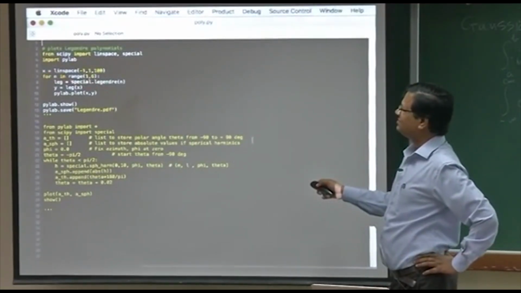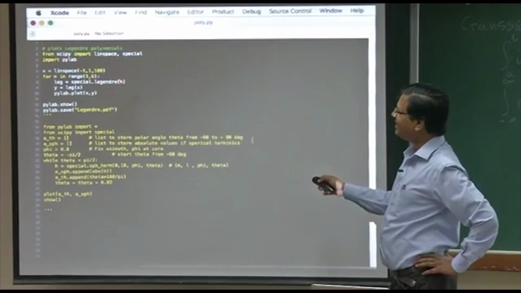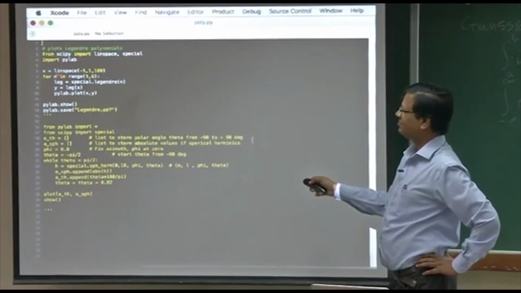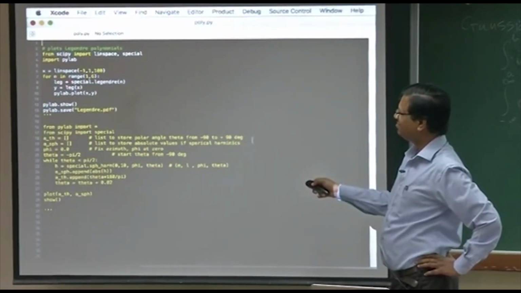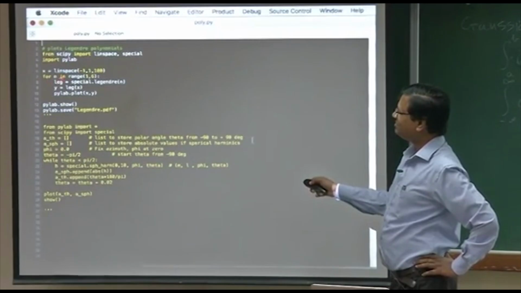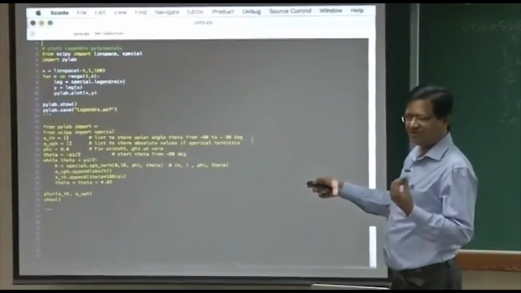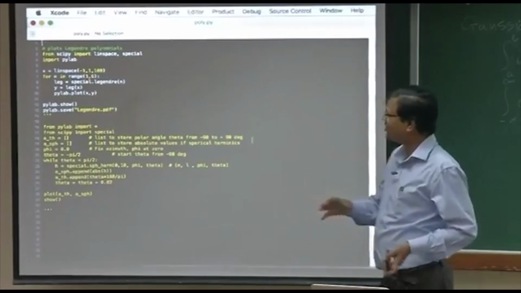So special dot Legendre with n will give you this Legendre polynomial. Okay. So I can just play around with this. By the way, this will give you a polynomial, it doesn't give you a numerical value, and you can compute that polynomial at any value you like. So let us just play around with it.